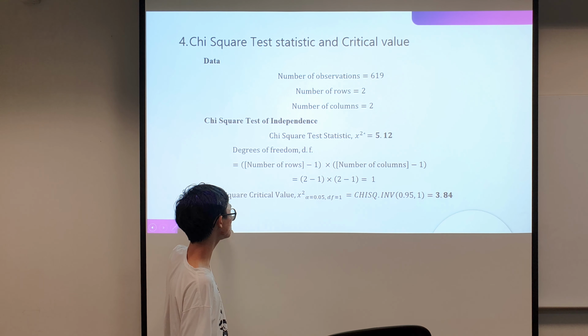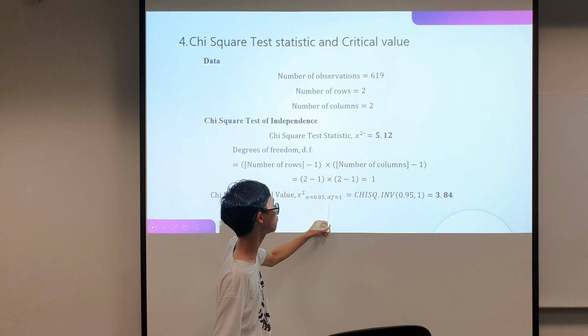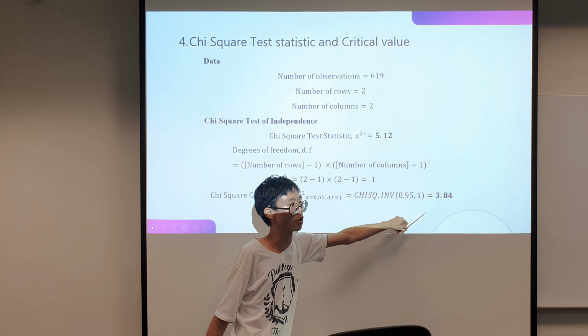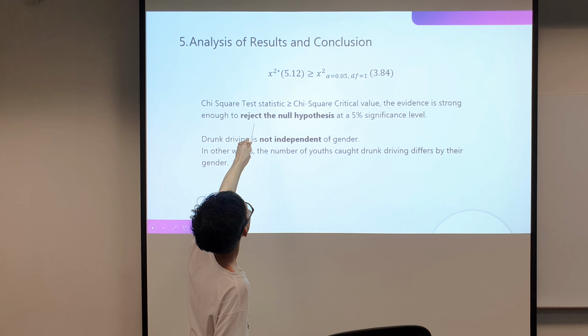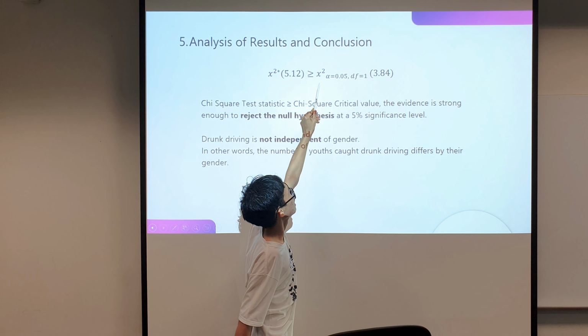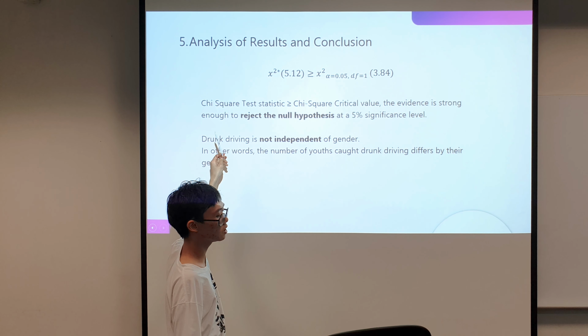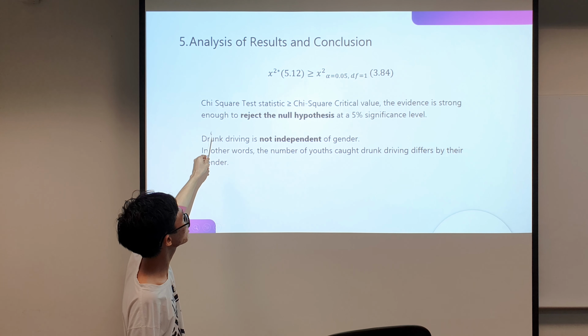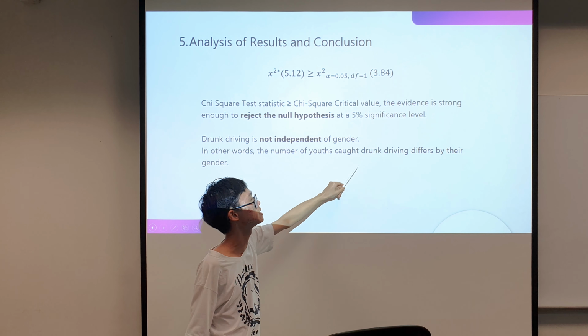As such, our chi-square critical value at alpha equals 0.05 with 1 degree of freedom is 3.84. Our results show that the test statistic of 5.12 is greater than our critical value of 3.84. Thus, the evidence is strong enough for us to reject the null hypothesis at a 5% significance level.